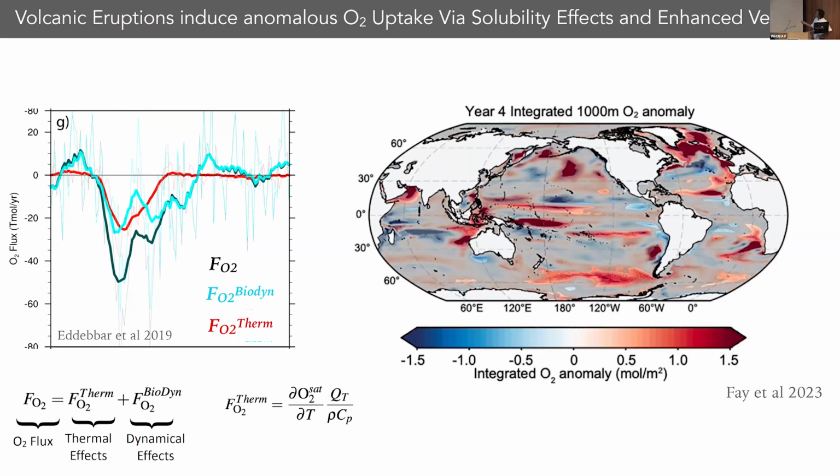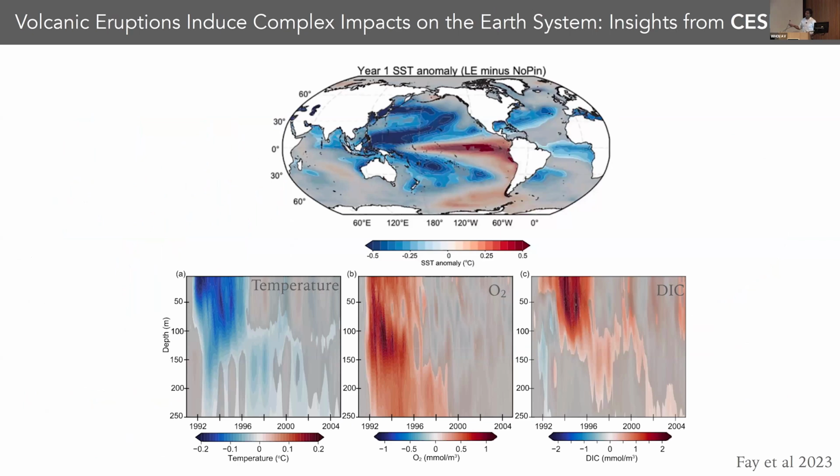We see that here in some new simulations that we've done where we isolate the effects of the Pinatubo eruptions more clearly in the Earth system model, where there are substantial widespread oxygen anomalies being diffused into the ocean following these eruptions. So this is really neat because it tells us that the dynamical response of the Earth system to these radiative perturbations can actually induce most of the anomalies in ocean biogeochemistry.